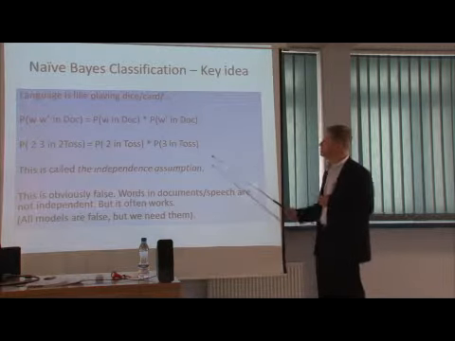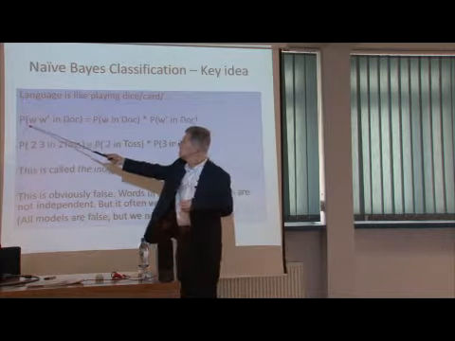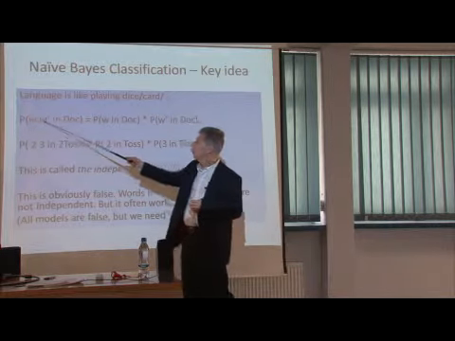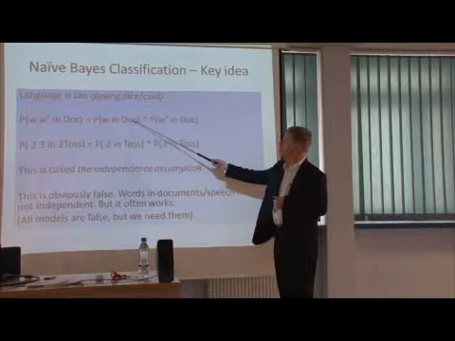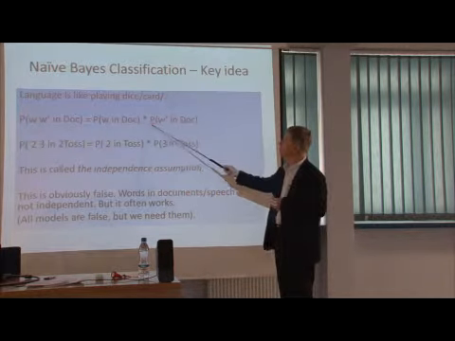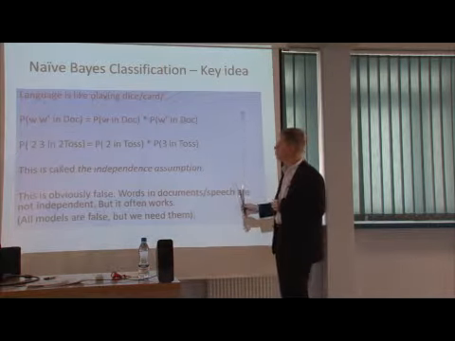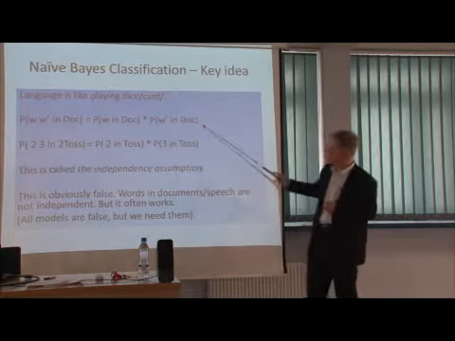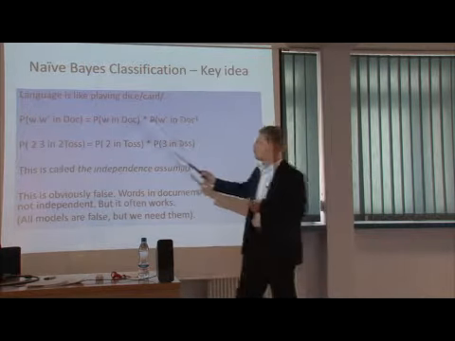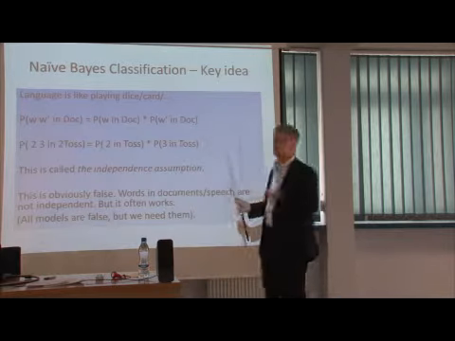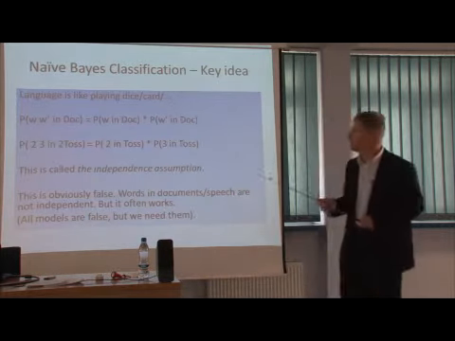Essentially, if we apply it to words, what we are going to say is that the probability of 2 words being in a document is the same as the product of the probabilities of the first word being in the document and the second word being in the document. So this is the crucial moment. We are assuming that the words are distributed independently, that one word doesn't depend on the other word.